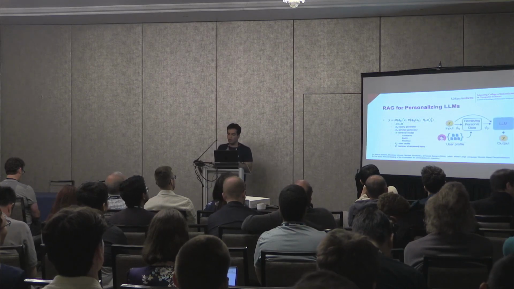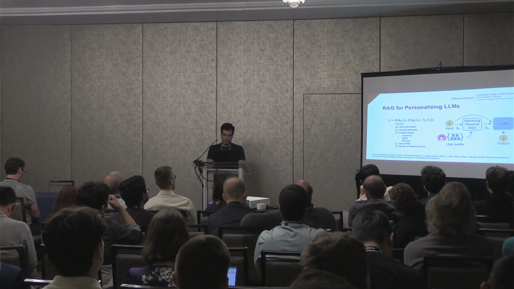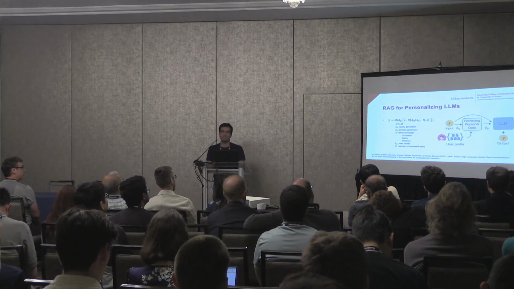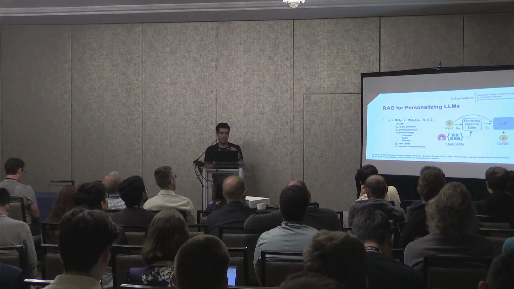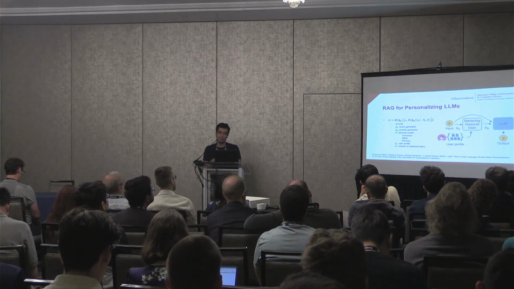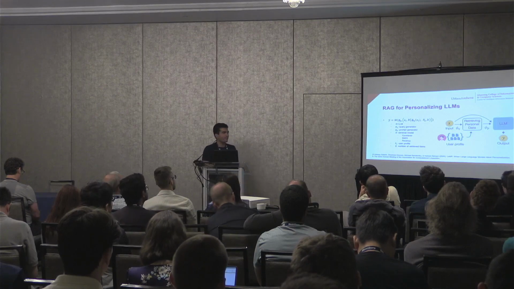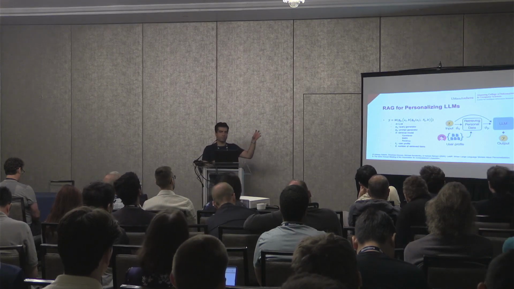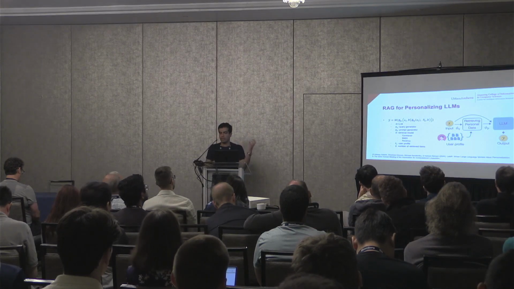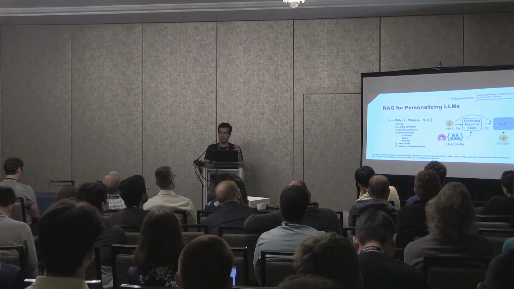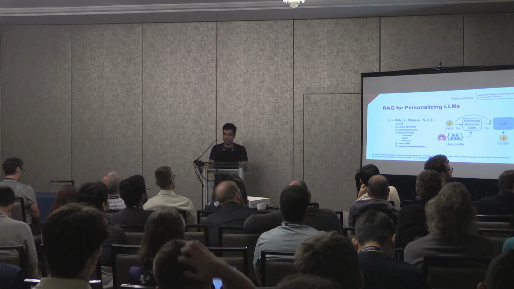One year ago, in our previous paper, LaMP, when large language models meet personalization, we introduced a new dataset, and also we introduced the first try at personalizing large language models using retrieval augmentation. In this approach, we have one input, which is the prompt from the user. We generate a query from that prompt, and we use a retrieval model to retrieve the most similar document from the user profile.